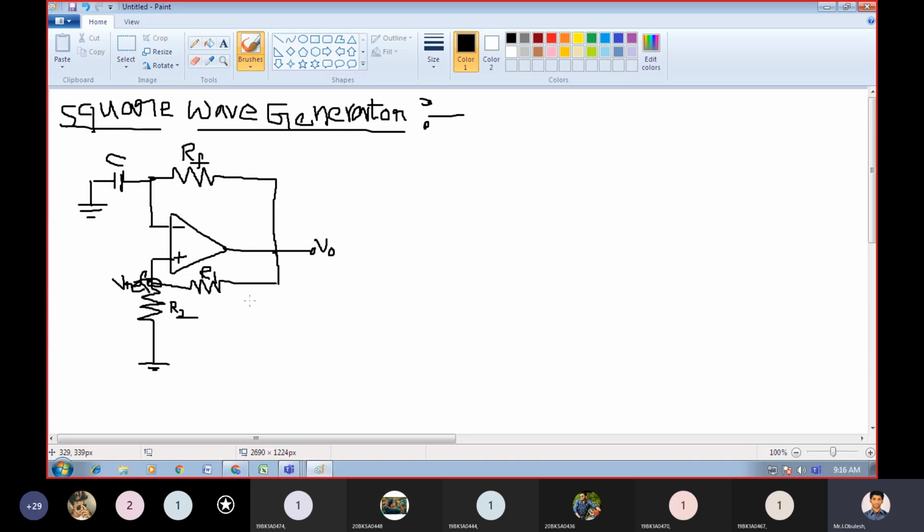This is a simple op-amp square wave generator, and it is also called a free running multivibrator or free running oscillator.